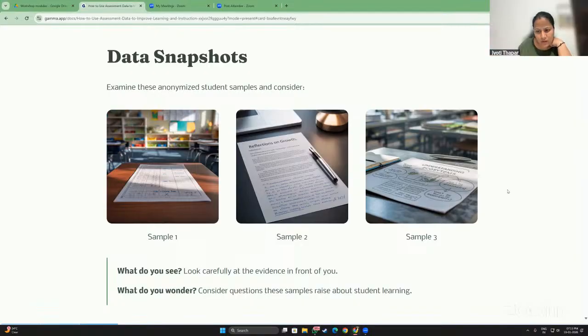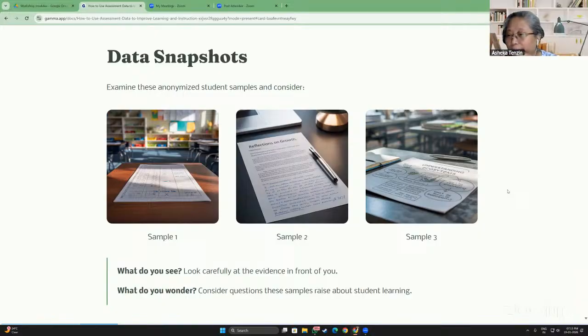I think sample 1 and sample 3 are formative, but sample 2 can be considered summative, because the student is writing about his own reflection on growth, or how he or she grew over time. Okay, and can't sample 1 be a summative? Could be, but it depends on the task-specific clarification, what kind of task has been given.